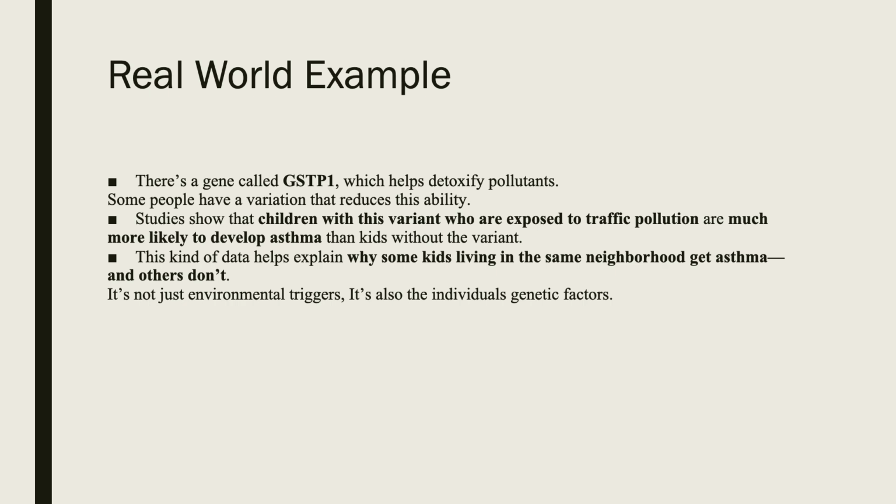There are some studies that show that children who have this variant, who are exposed to traffic pollution, are more likely to develop asthma than kids who don't have the variant. This kind of data helps explain why some kids living in the same neighborhood get asthma and others just don't. It's not just environmental triggers that cause individuals to get asthma, it's also the person's genetic factors.